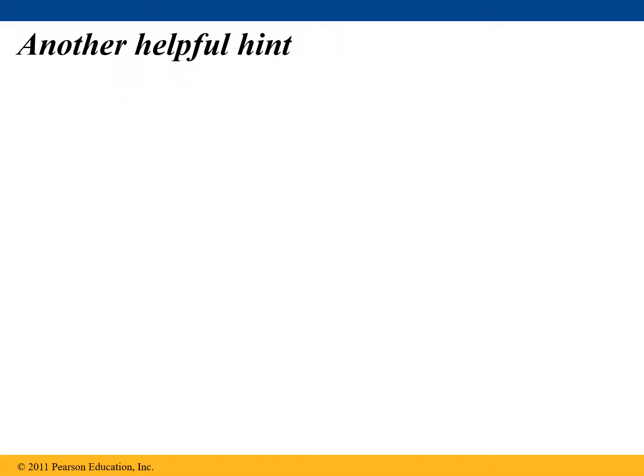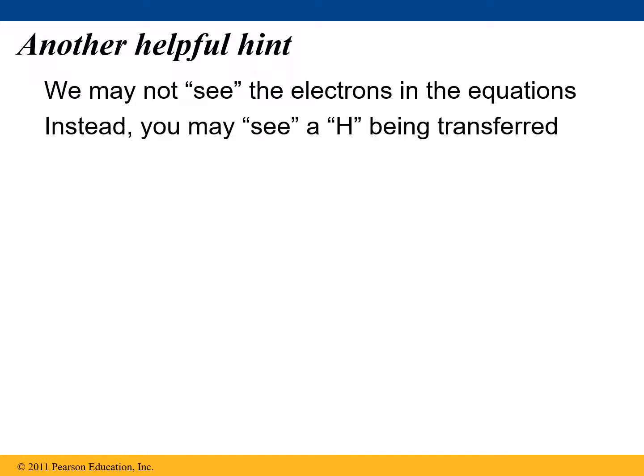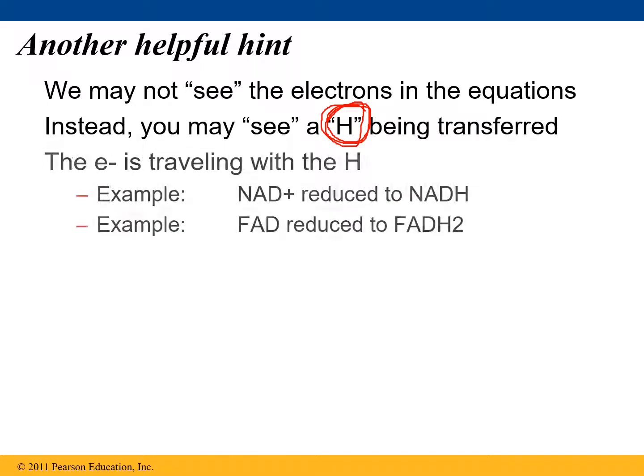Another helpful hint, you might have noticed this on the last slide. We may not actually see the electrons in the equations, so it might not always be written where something has a positive charge or a negative charge. Instead, what you're looking for, at least in the case of NAD+ and FAD, is a transfer of hydrogen. So the electron is traveling with the hydrogen.